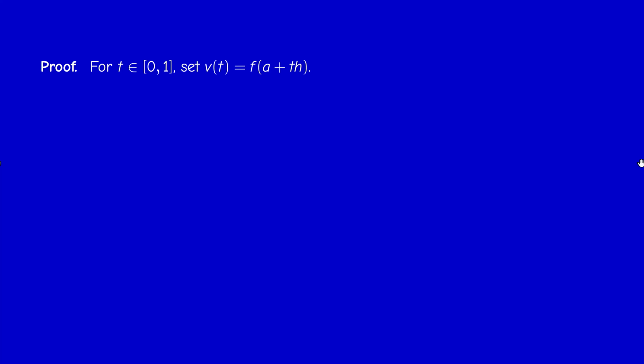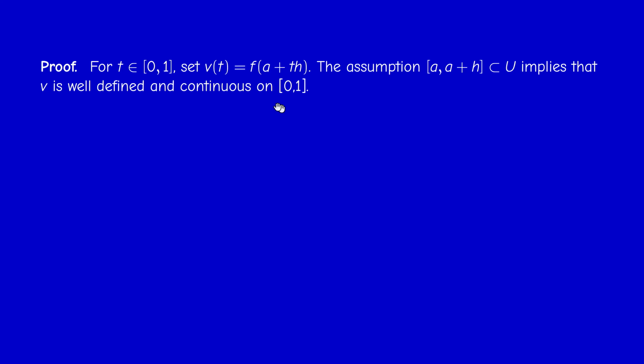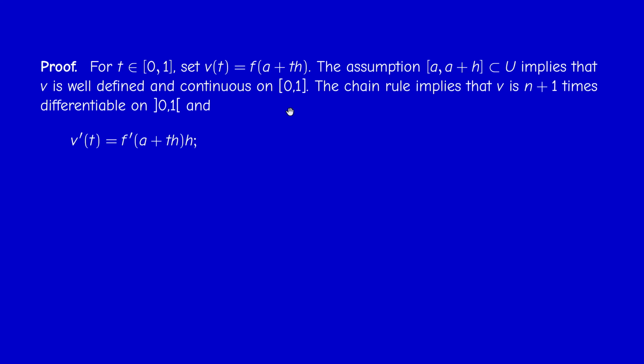So we set v of t to be f evaluated at a plus th, t between 0 and 1. Okay, so our assumption that the straight line segment joining a to a plus h is in u means that v is well defined. It's continuous on 0, 1 and differentiable on an interval bigger than 0, 1, but in particular it's differentiable on the open interval 0, 1.